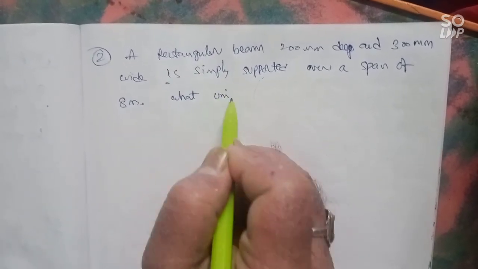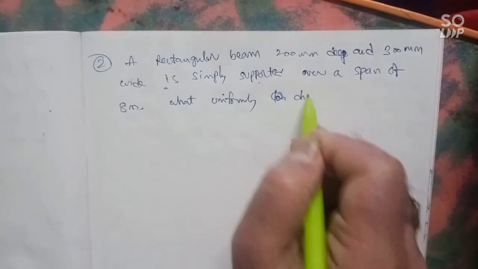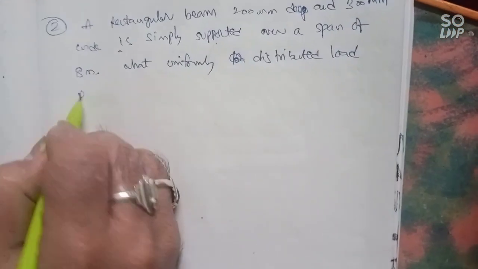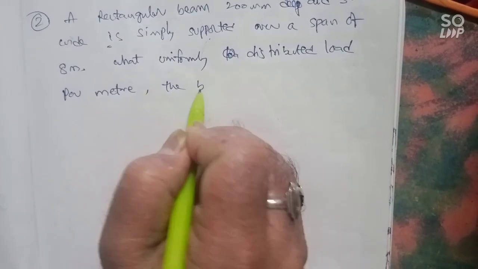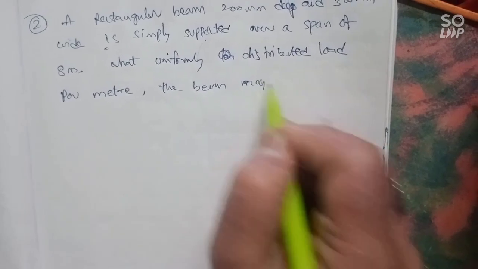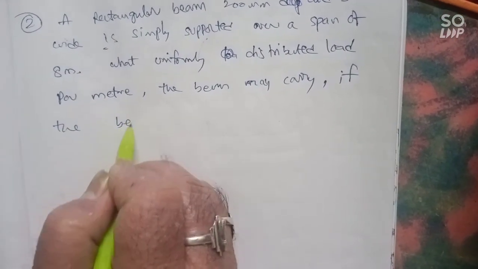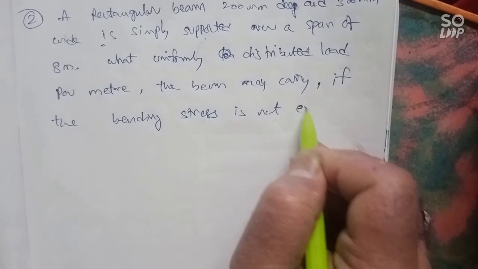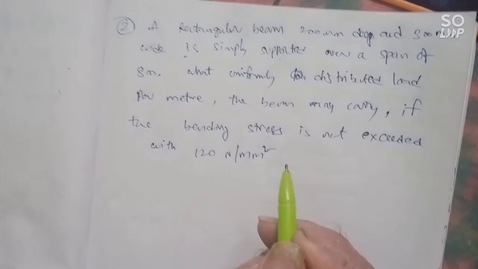What uniformly distributed load per meter may the beam carry if the bending stress is not to exceed 120 newtons per mm square?